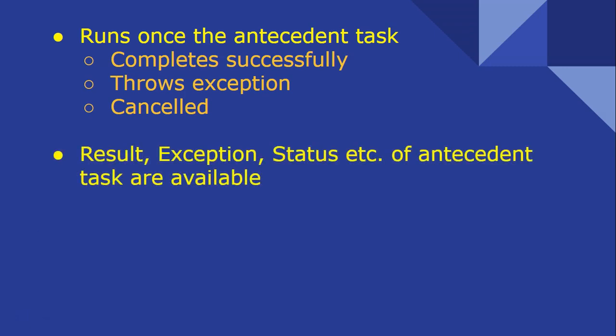In the ContinueWith task, you have the result, exception, status, like all the properties and the methods of the antecedent task. ContinueWith creates a new task and returns it, so further chaining is possible.